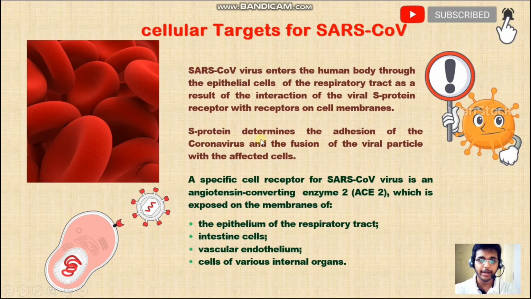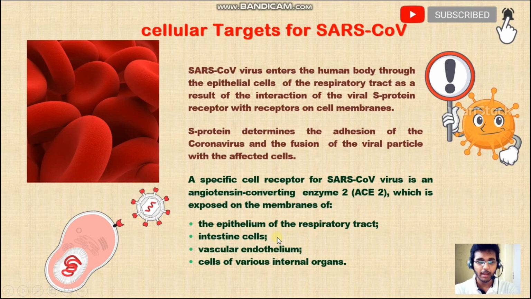This S protein determines the adhesion of the coronavirus and the fusion of the viral particle with the affected cells. The specific cell receptor for the SARS-CoV virus is angiotensin converting enzyme 2, the ACE2 receptor in short, which is exposed on the membranes of the epithelium of the respiratory tract, intestinal cells, vascular endothelium, and cells of various internal organs.